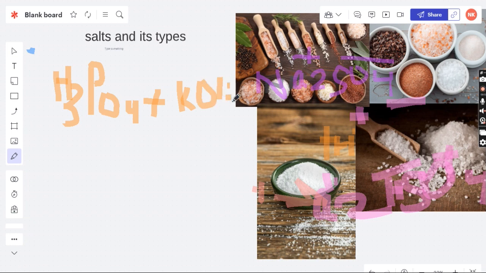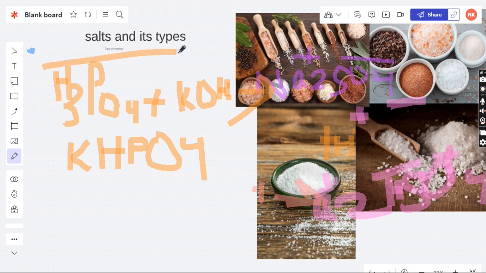The final product that we got is KH2PO4, which means potassium dihydrogen phosphate, plus H2O. So this is the product that I have gotten through it.